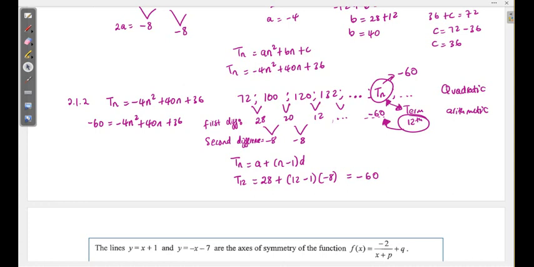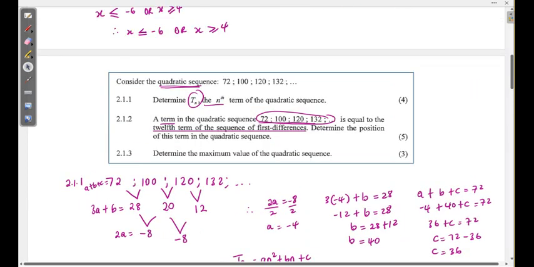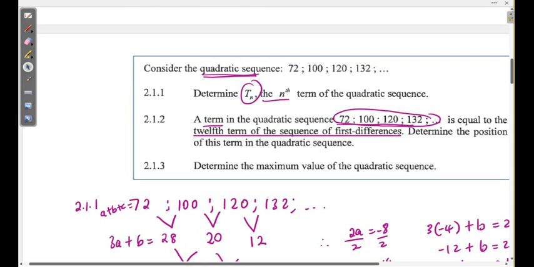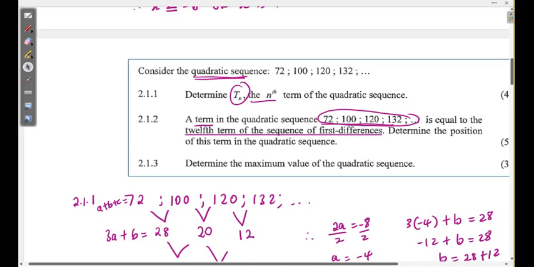It's because of the instruction. The instruction said 2.1.2, read it. It says a term in the quadratic sequence is equal to the 12th term of the sequence of the first differences. Meaning that in the quadratic there is a certain term which is... So in order to find the term, you have to equate them together, because it's equal to the value we got from the first differences.